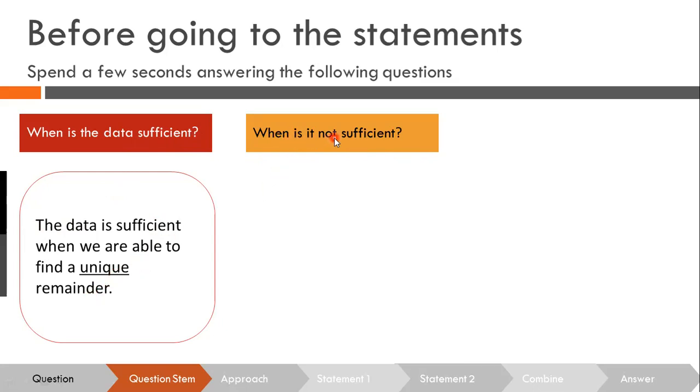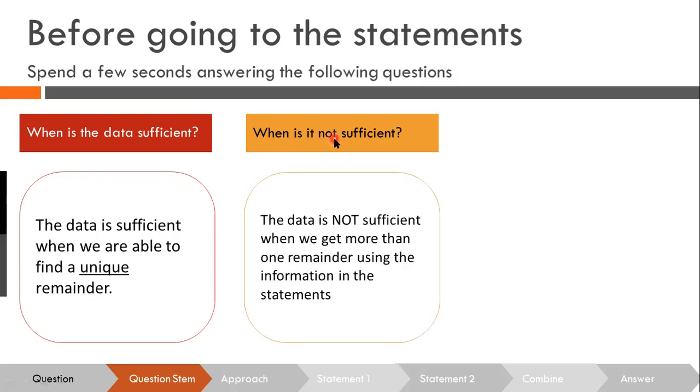When it is not sufficient, the data is not sufficient when we get more than one remainder using the information in the statements. That's why these two statements are given. When we cannot find the unique remainder, we can find so many remainders. So at this stage, the data is not sufficient.